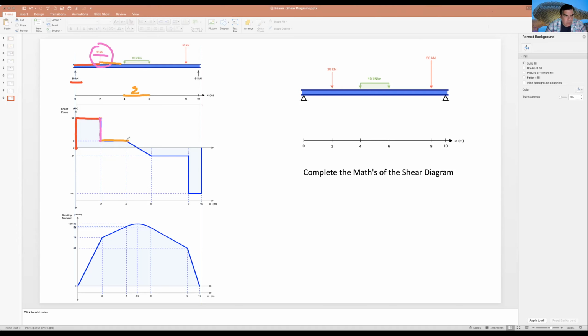From 9, we go down 20, and we arrive at minus 11. Well, the line is inclined. Why is the line inclined? Because the force is going down little by little, and a distributed force makes an inclined line.